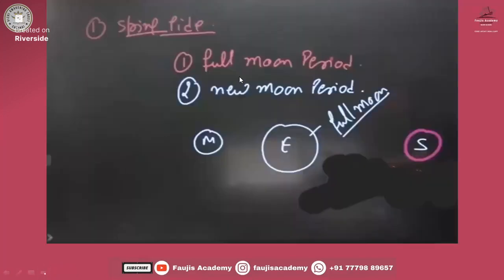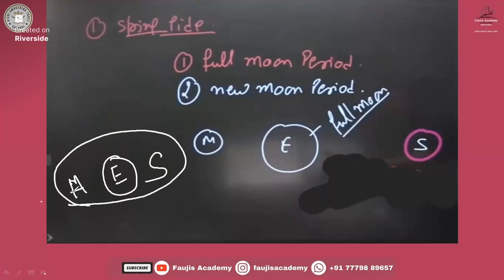And spring tide happens when we have the full moon period. So what is full moon? Sorry, in previous slides we saw it wrongly. Full moon is when we have the earth in the middle, and the moon and sun are on either side in a straight line.